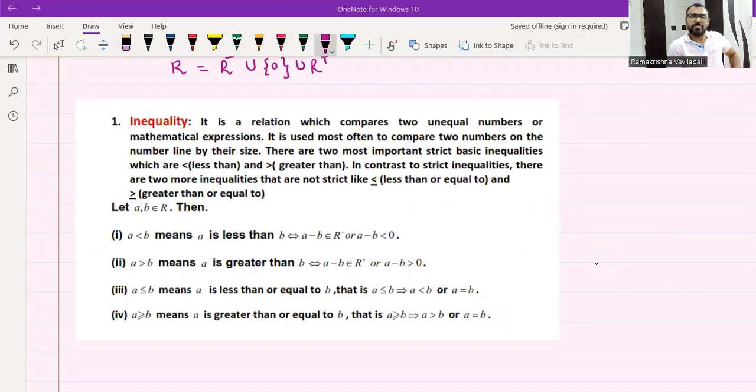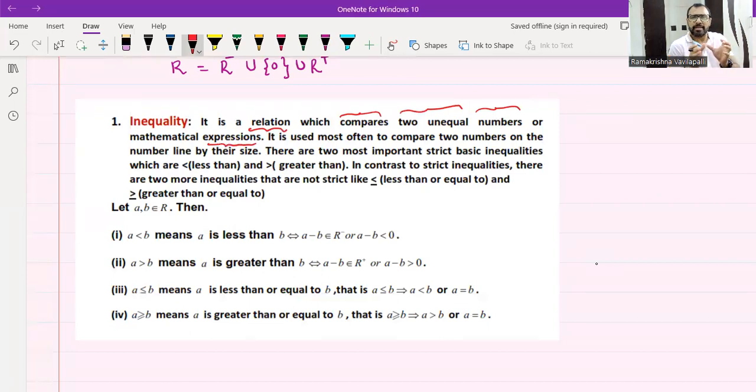Here is the definition. An inequality is a relation which compares two unequal quantities, two unequal numbers, or mathematical expressions.